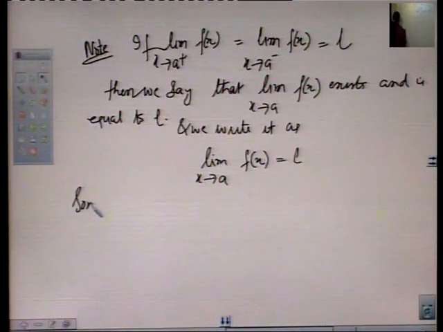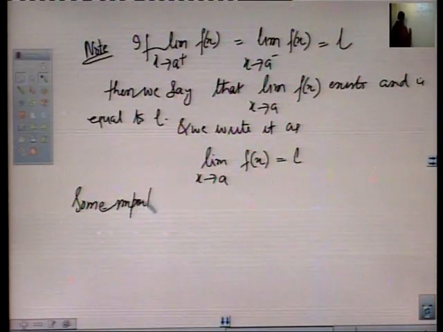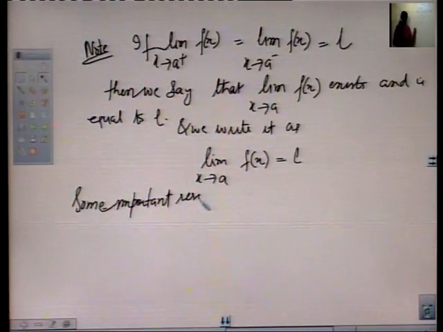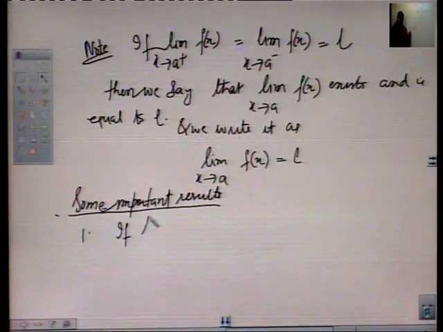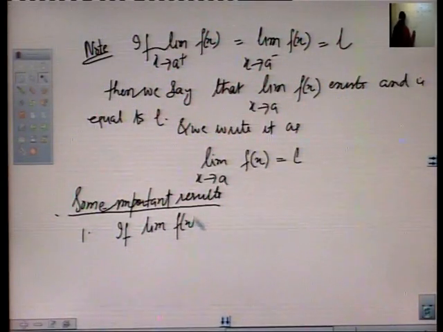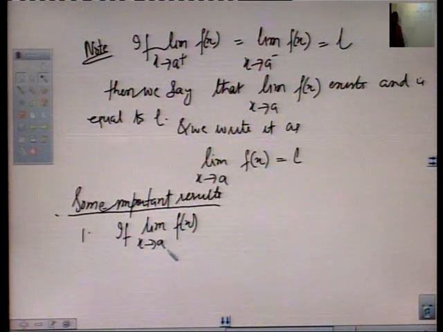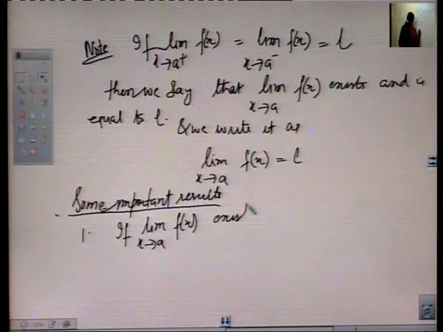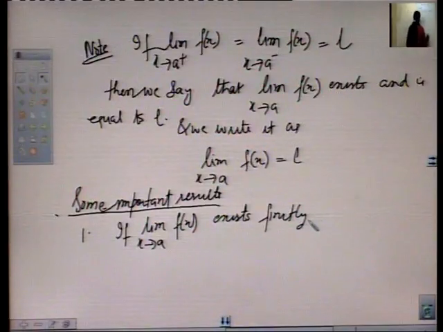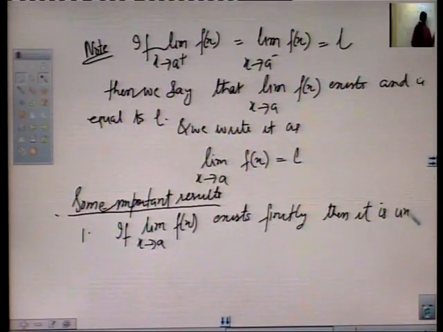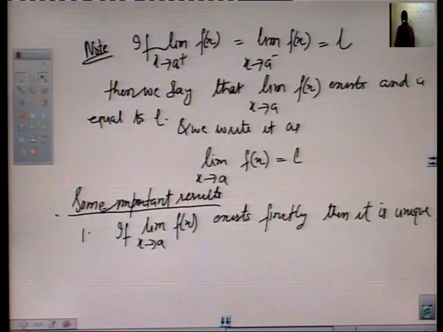Now, some important results. First, if limit of f(x) as x approaching to a exists finitely, then it is unique.